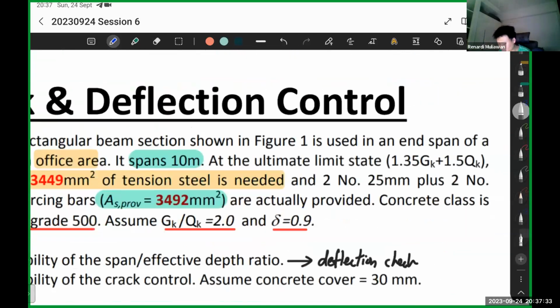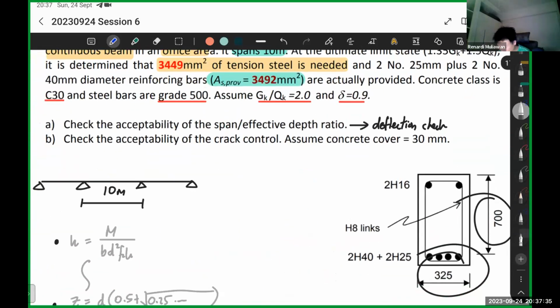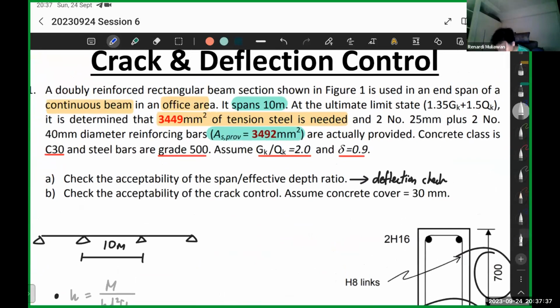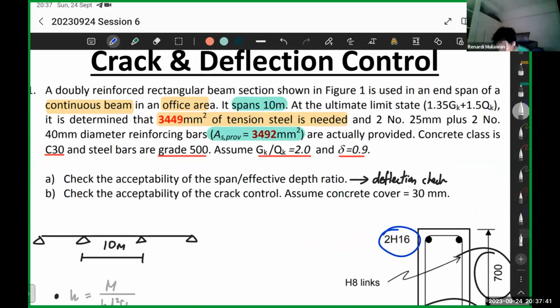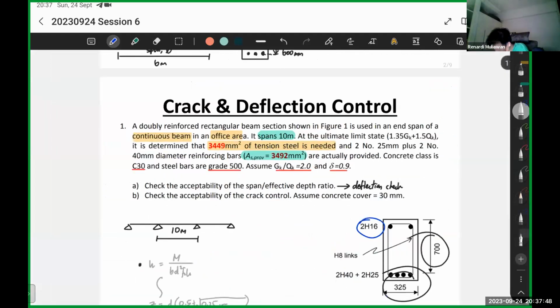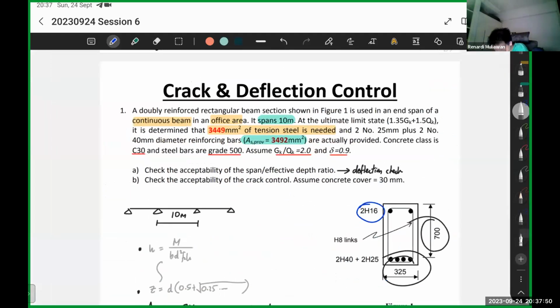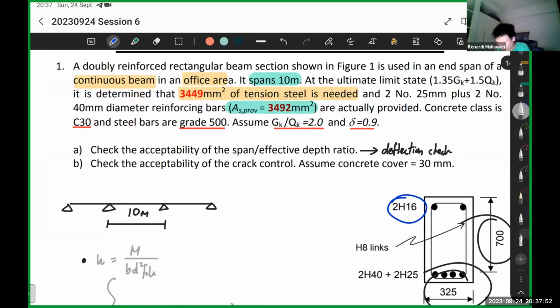In this case, we need to find rho prime first. There's a given 2H16, and it doesn't really have AS required for compression steel.